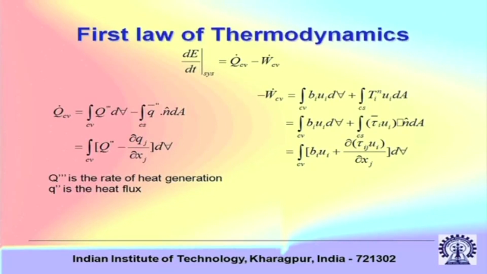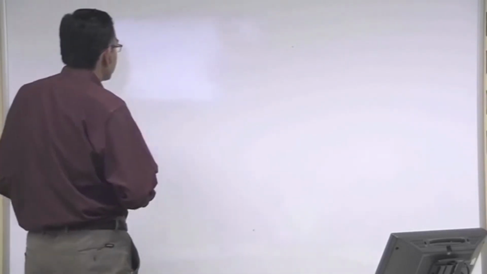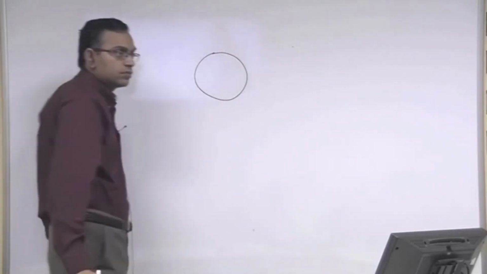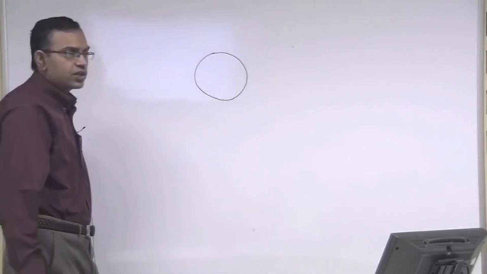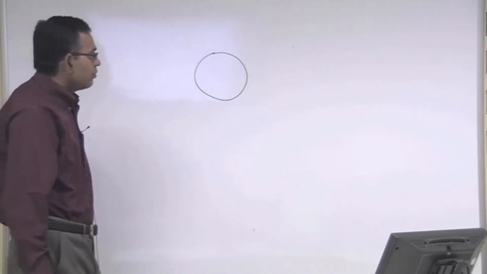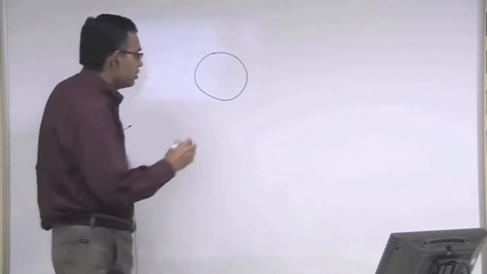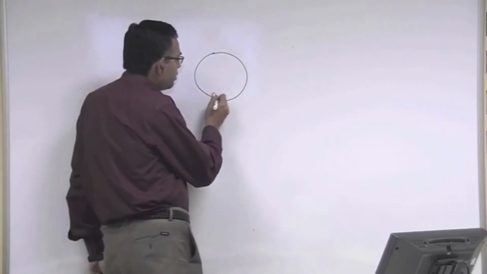So, let us go to the board a little bit to understand the background. Let us say you have a control volume. The first law for a system, so first let us consider this as a system. Why have we written it in terms of the system?